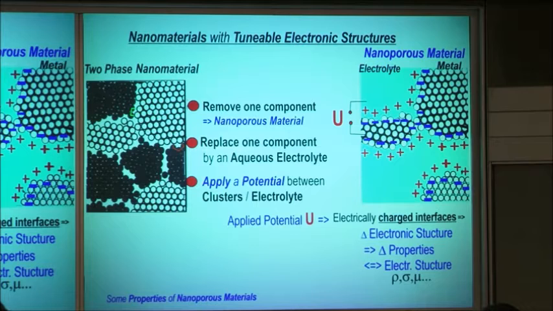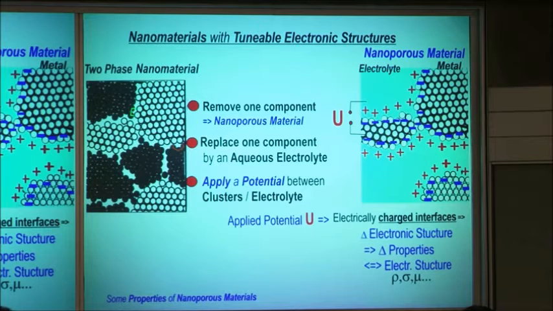If we apply an electric voltage between the two, then we get, of course, an interface, a Helmholtz interface layer. And in this Helmholtz interface layer, we can create very high fields, about 10^8, 10^9 volts per meter. And that means that the surface atoms of these nanoporous materials are charged by half an electron per atom.